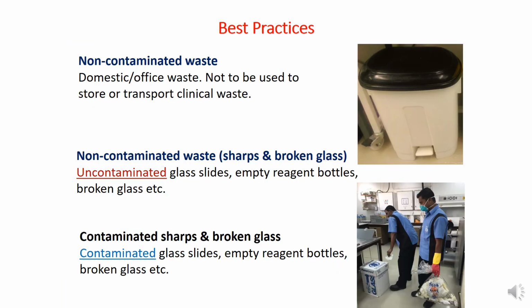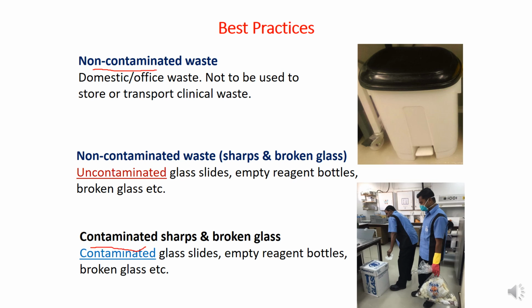In the last couple of slides, we discussed the waste, and that there are particular specialized containers that can be used to dispose of that particular waste. But here it's really important to understand that sometimes the waste type is the same, but it's non-contaminated, and sometimes it's contaminated.